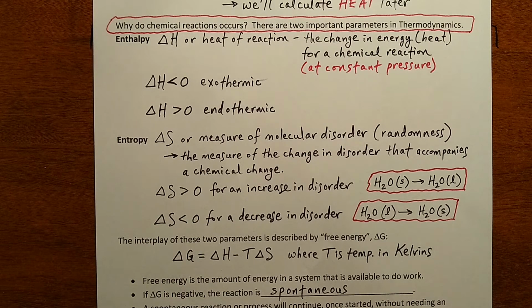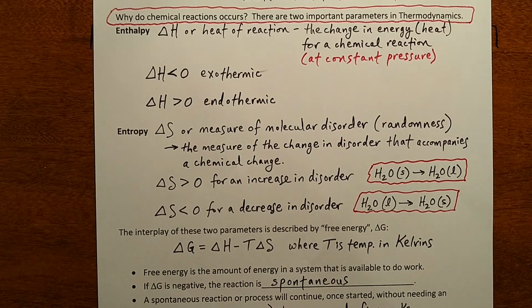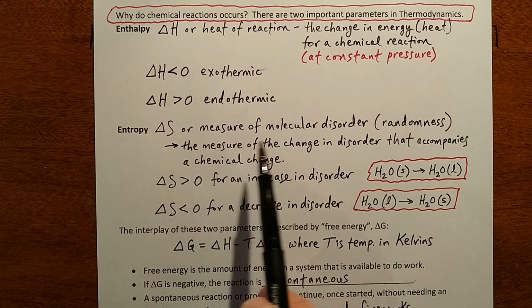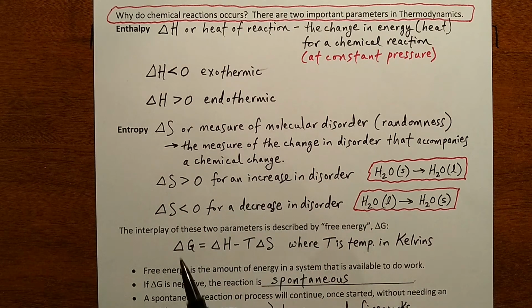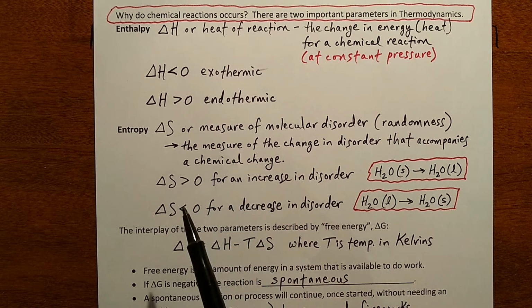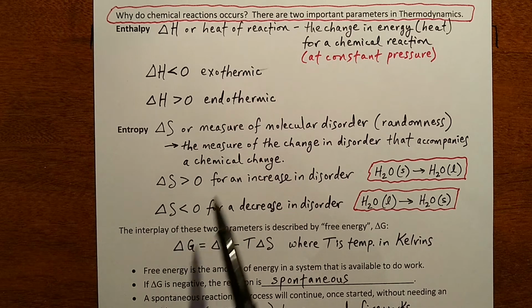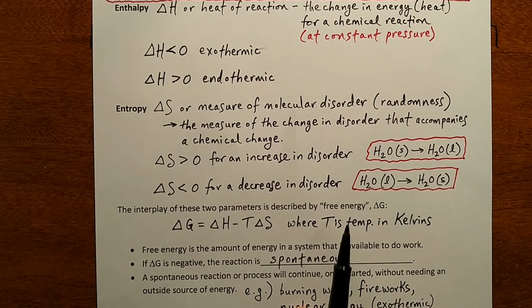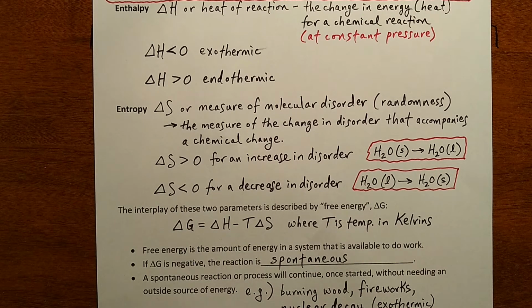So again, let's get back to what is entropy. Entropy is this delta S, and it's sometimes called disorder or randomness. So delta S is a measure of molecular disorder. It's the measure of the change in the disorder that accompanies a chemical change. It can be positive or negative, just like enthalpy can, but you have to look at it in a slightly different way.